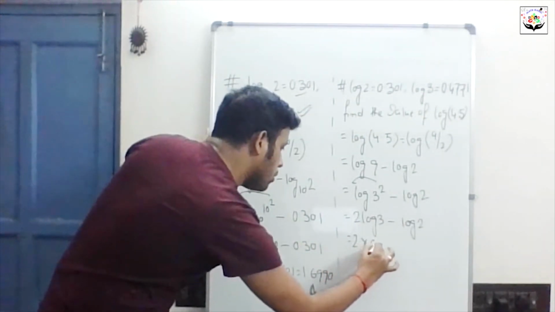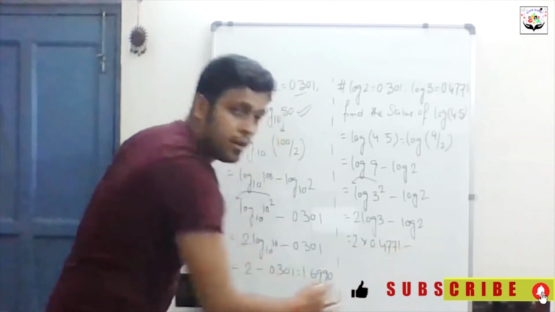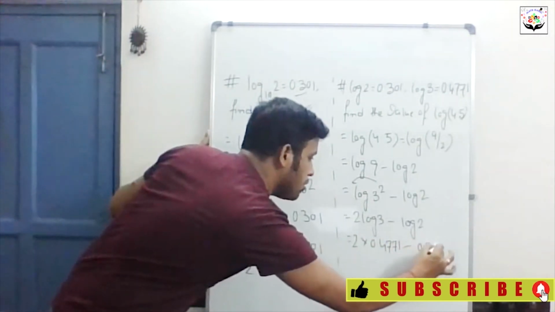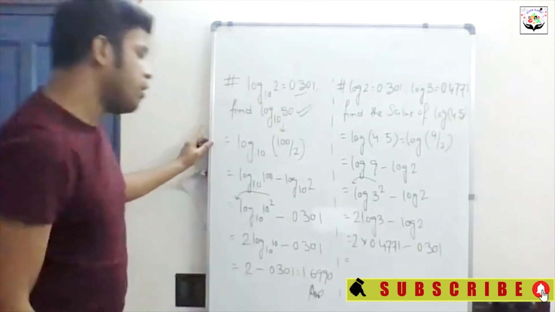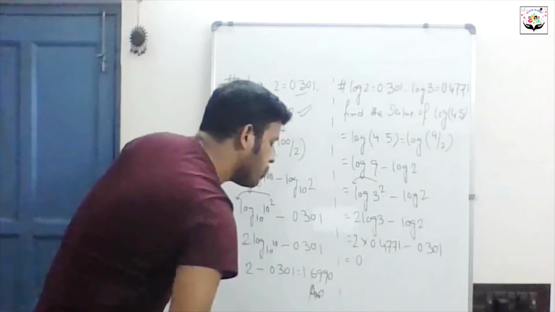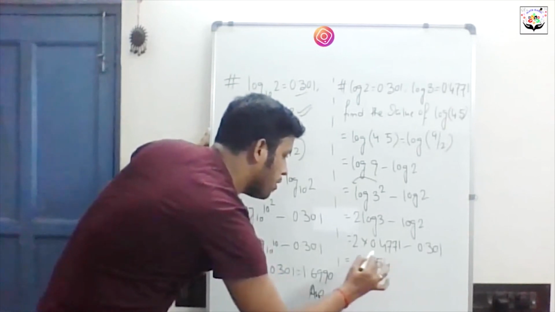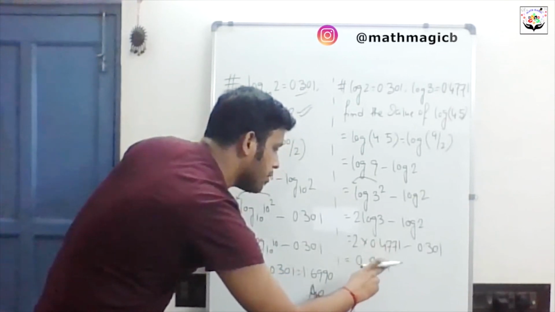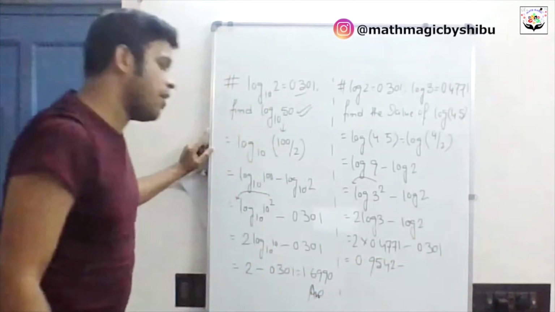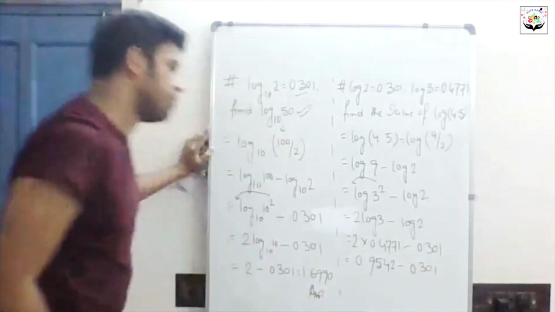So 2 into 0.4771 minus 0.301. 2 into 0.4771 will become 0.9542, minus 0.301.